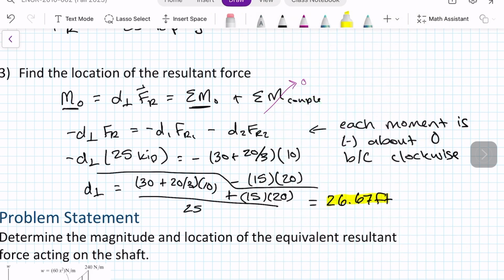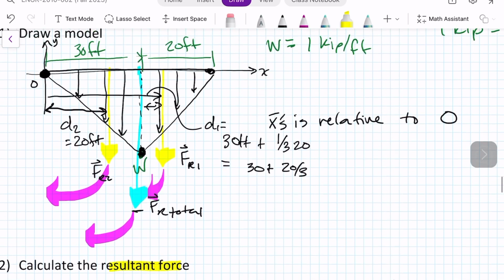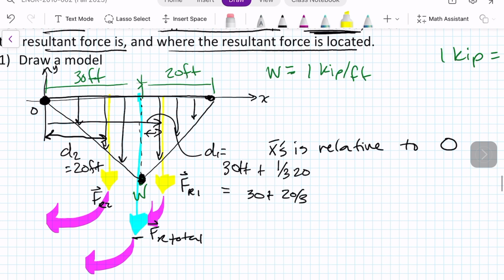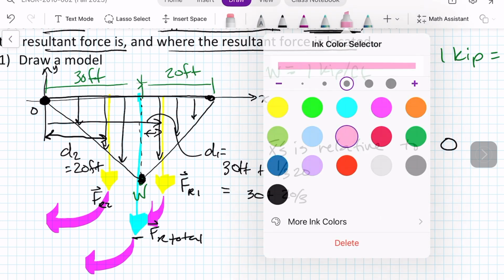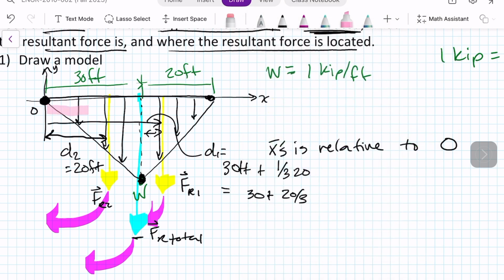So the next thing to do is to see, does this make sense? Let's go back up to our model here, and this value is 26.67, so that's about here-ish. Does this value make sense for where our resultant force will be? I would say yes.